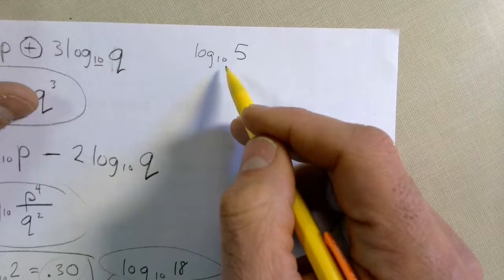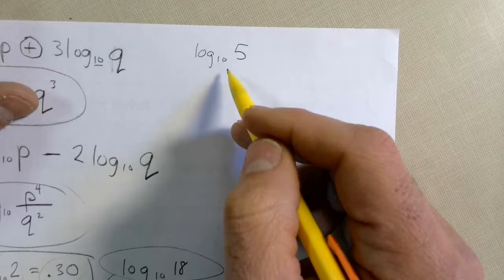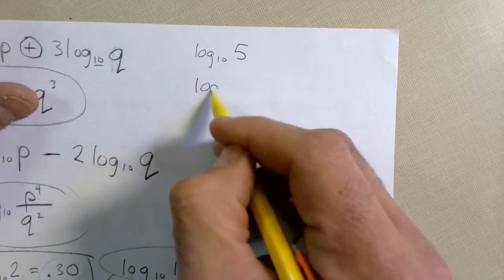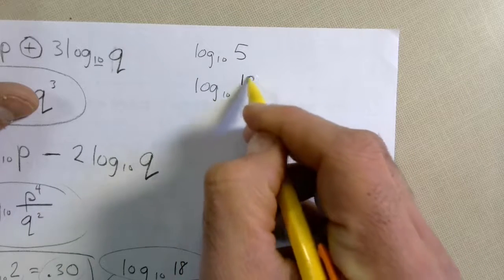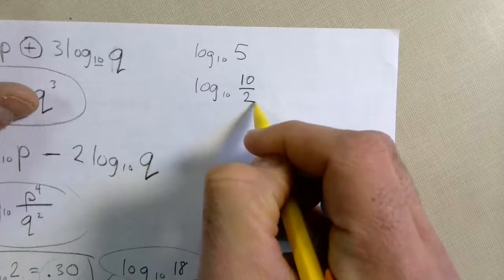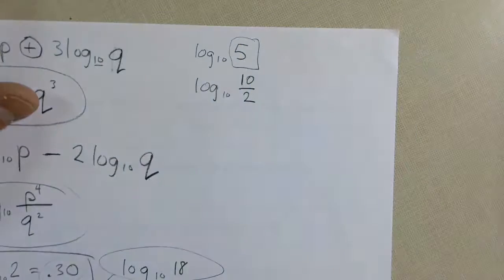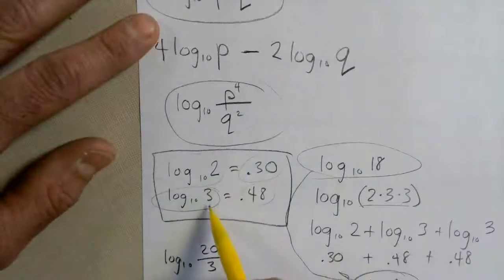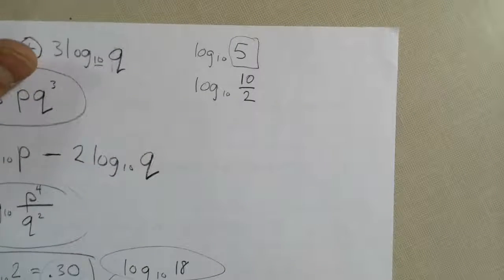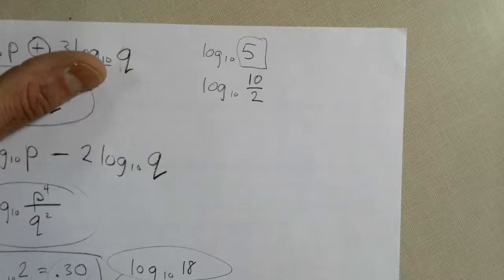Now how are we going to do this? Well, 5 is actually 10 divided by 2. As long as we can take this number and express it in terms of 10 or 2 or 3, we can solve it. So we look at 5 and realize, okay, we can get that with 10 divided by 2.